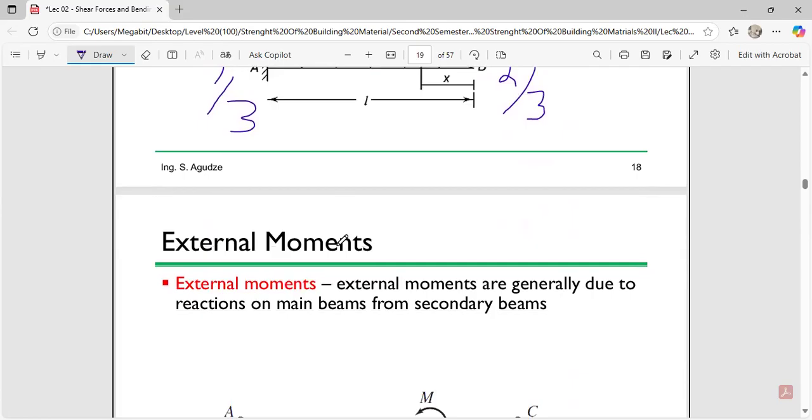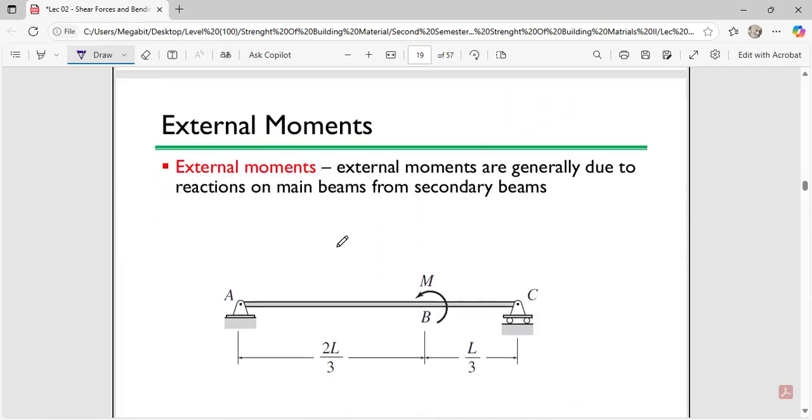So we are back to external moments. We said the types of loadings we have on beams are the concentrated load and the distributed load, and the distributed load is composed of two: the uniformly varying load and the uniformly distributed load, which we just spoke about. And now we are on the external moments.